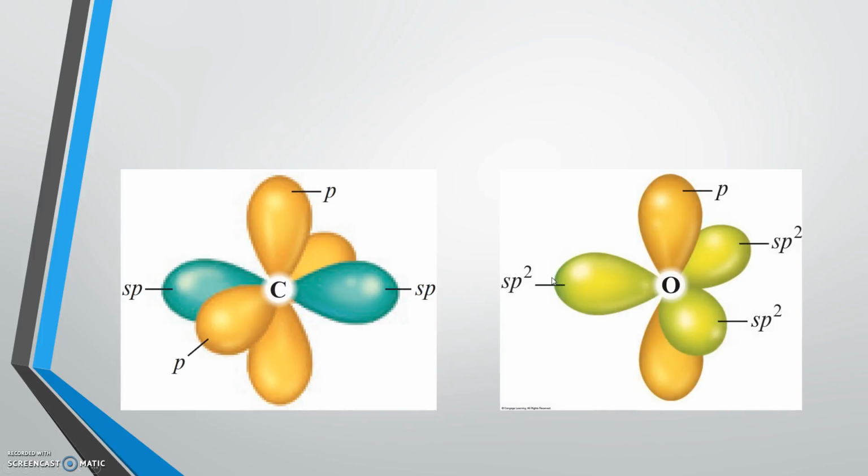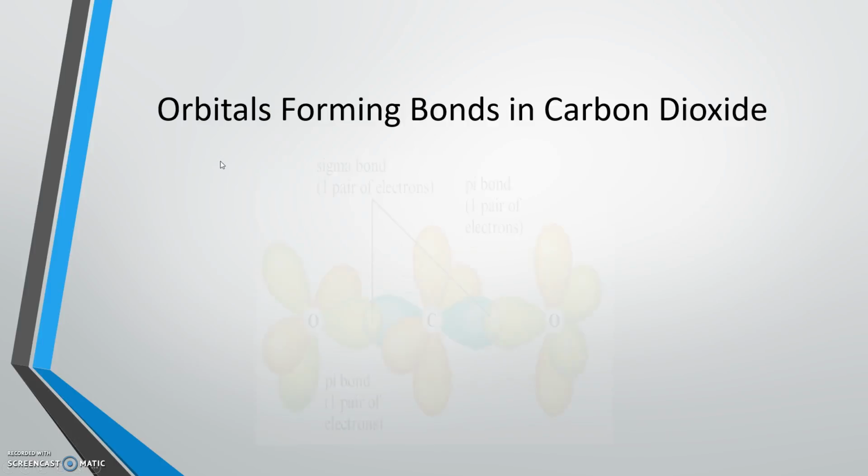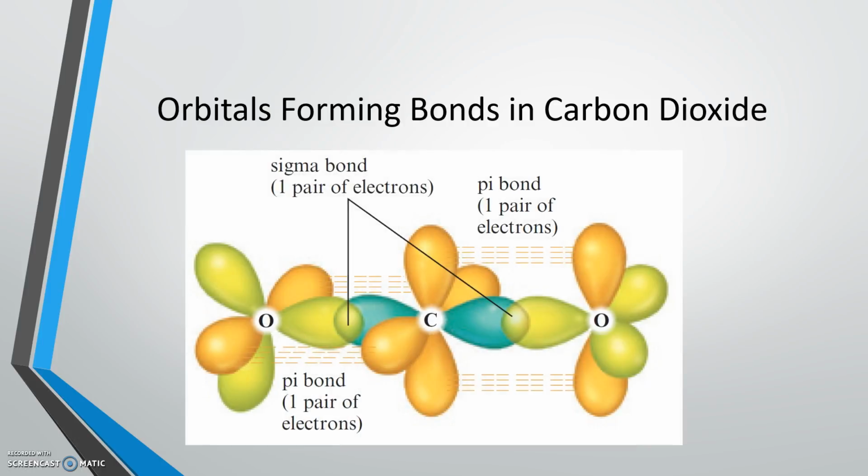If we look at them separately again, the sp hybridized carbon atom has 2 unhybridized and unused p orbitals, whereas the oxygen has 1 unused p orbital. The carbon is going to use each of its unused orbitals to form a pi bond with each of the oxygen atoms. So here's the molecule all together.